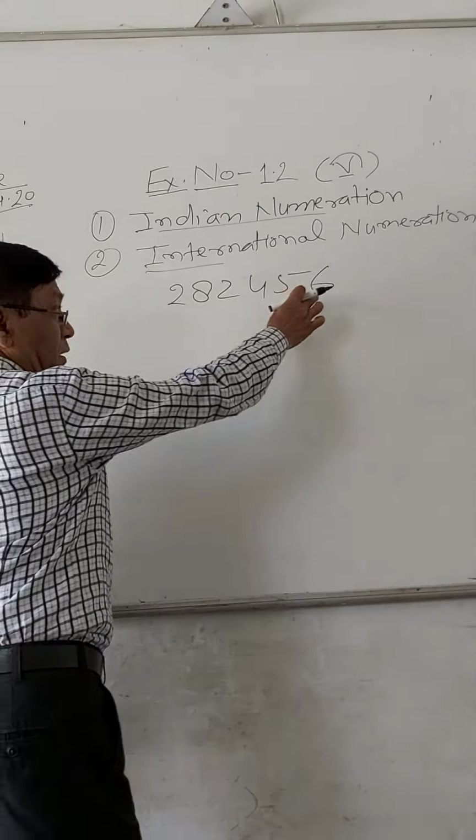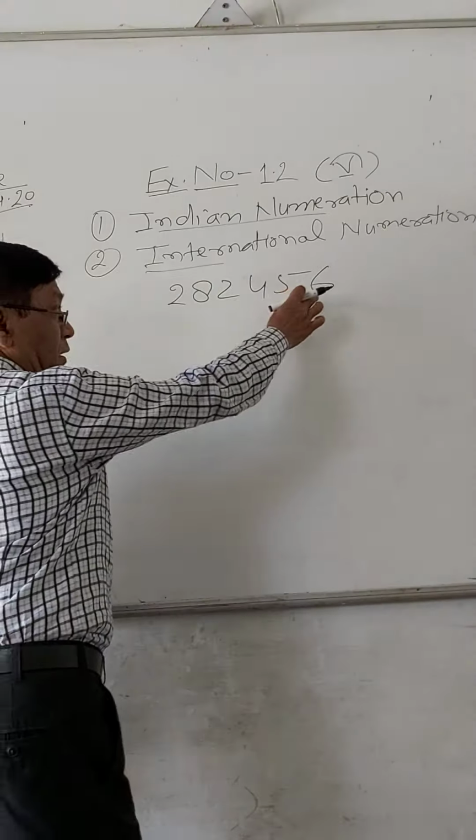So this is the way of writing the numbers according to the Indian system, and first you put the comma and after that you read. So this number is coming on which place? Crore place. So you will read 4 crore. After that tens, 10 lakhs.